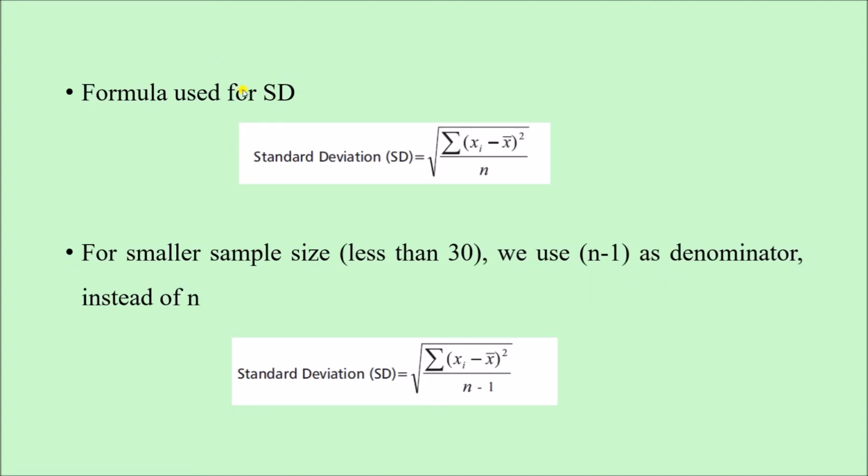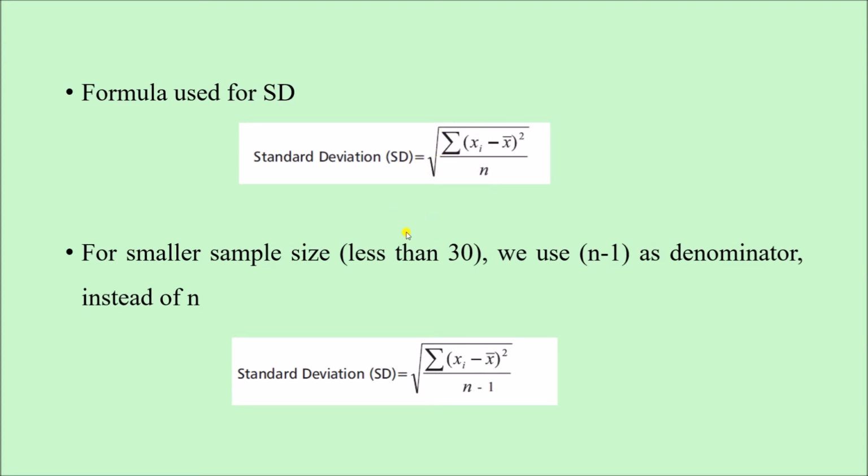So this is the formula used for standard deviation. Standard deviation is root over of the whole thing. In the numerator we have summation of x minus x bar whole square, divided by n. As you can see, x minus x bar is the deviation of each value from the mean. We have to square them up and then take the summation divided by n, and the whole thing is put under the root sign.